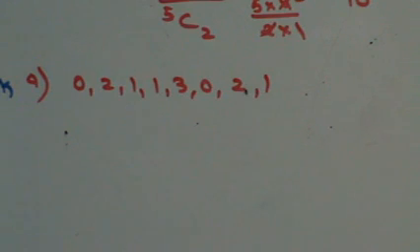X denotes the number of children in a family. Construct a probability distribution of X.